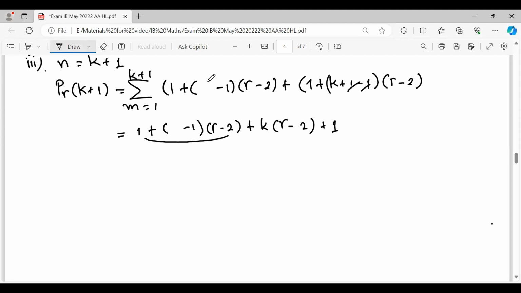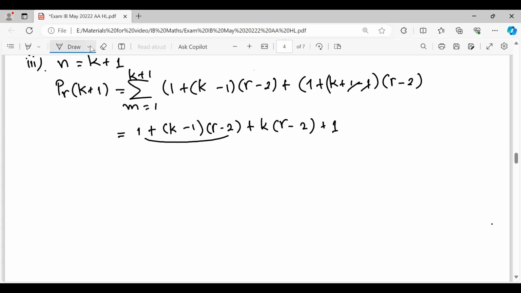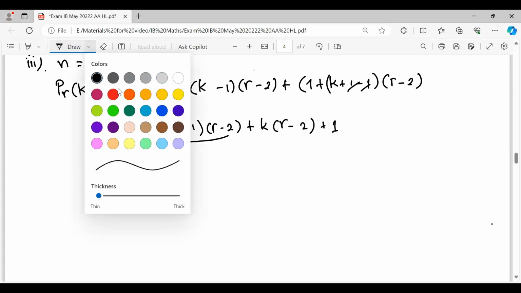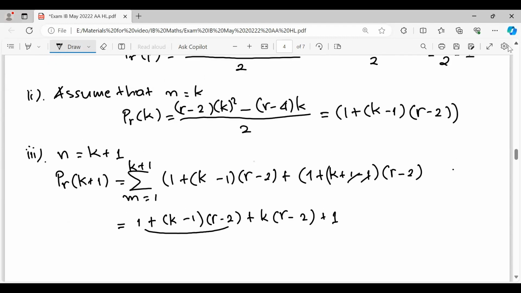So if that is k, that P_r(k) as well equals this one, 1 plus (k minus 1)(r minus 2).